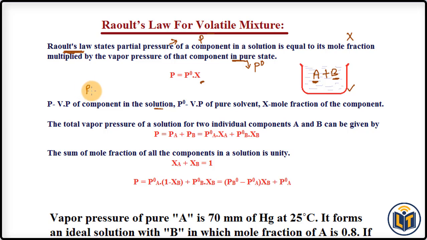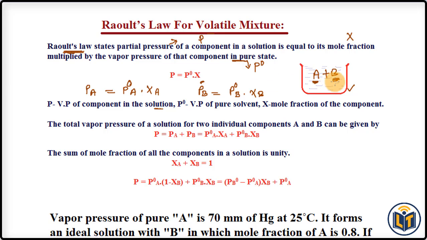Here we have PA, the vapor pressure of component A in the solution, is equal to P naught A, the vapor pressure of component A in pure state, into XA, the mole fraction of component A. In a similar manner, we can find the vapor pressure of component B in the solution. Here we have PB is equal to P naught B into XB.